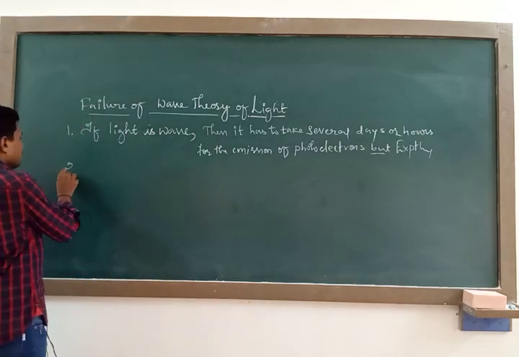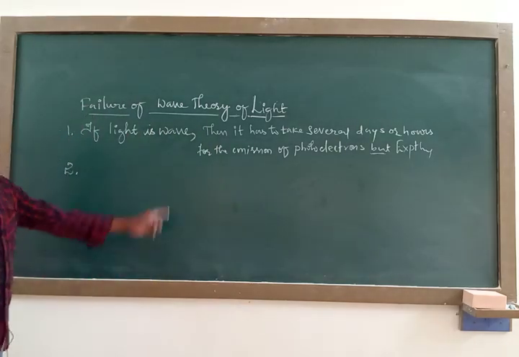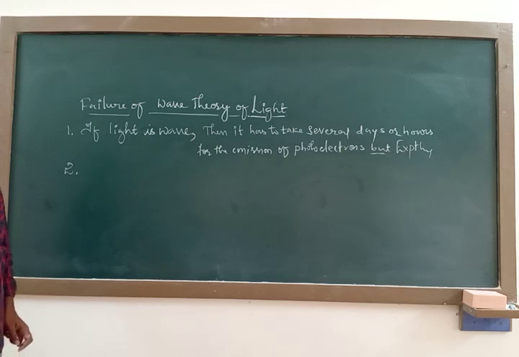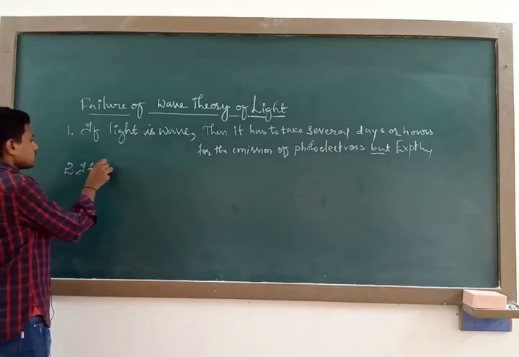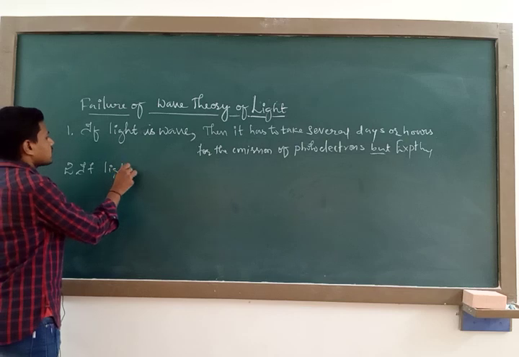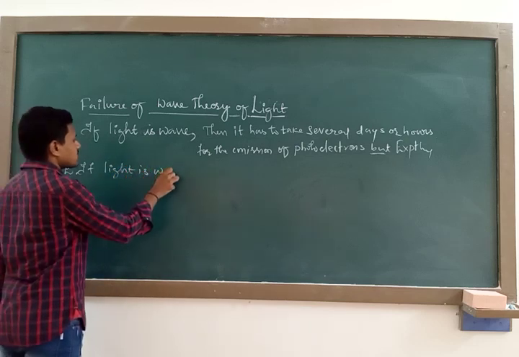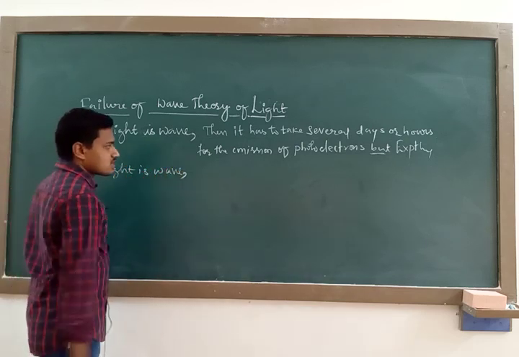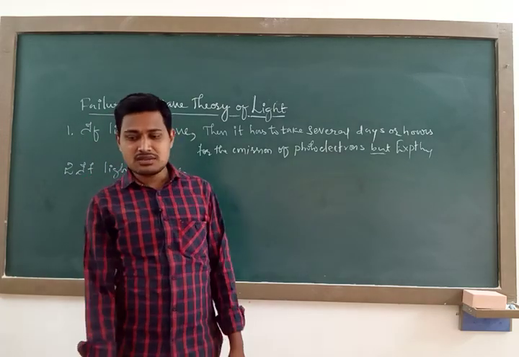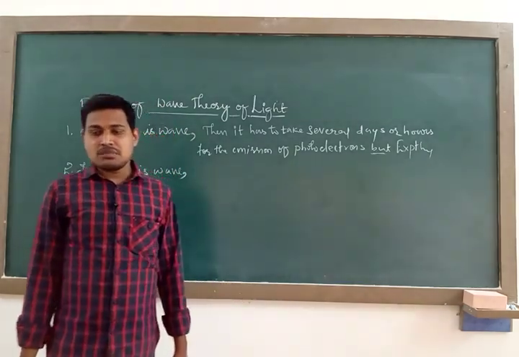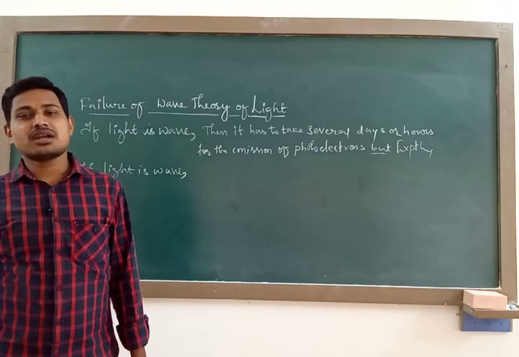Here, the photoelectric effect confirms that we treat light as a particle. Second, the conclusion: if light is a wave, this point is very important. Suppose light is a wave, then what about the maximum kinetic energy of the emitted electrons?